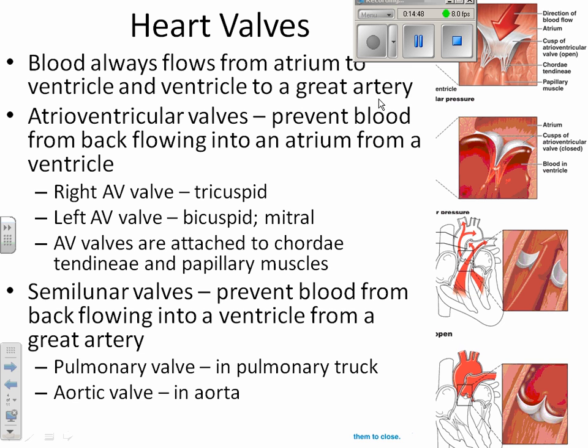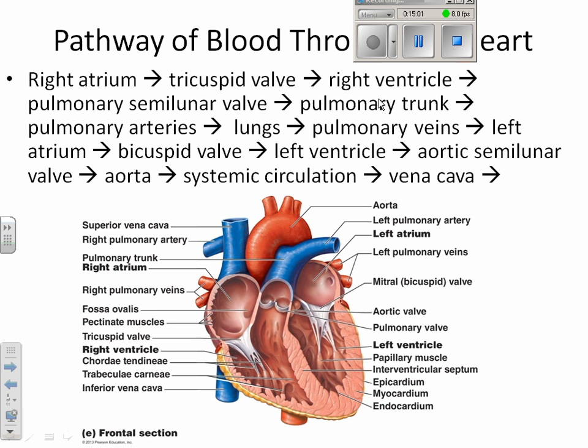Okay, in the aorta, as you can see, it loops back. And the aorta has branches, the brachiocephalic, subclavian, and carotid branches, which feed the head, neck, and upper extremities. And there's that pathway. Next slide.